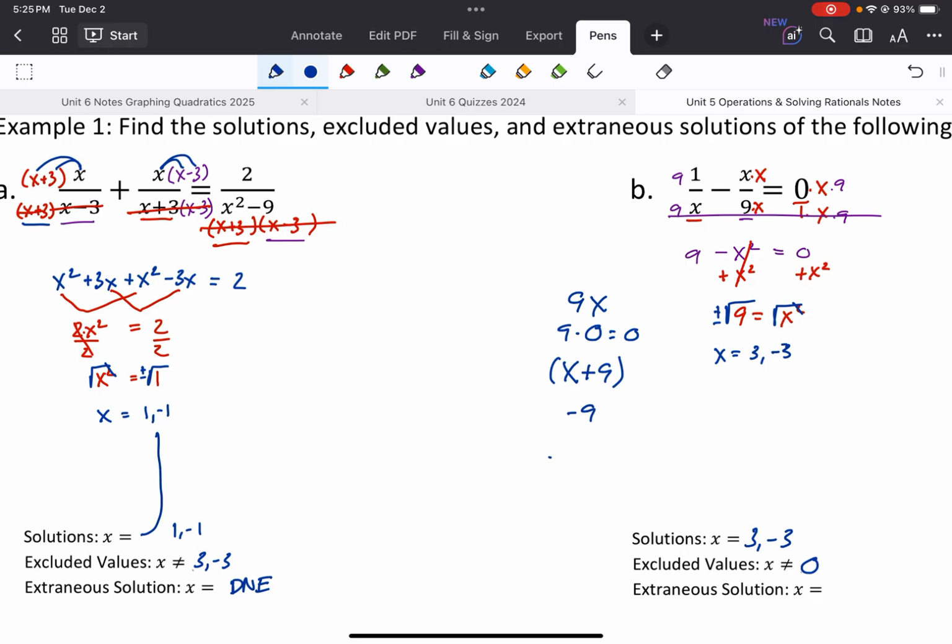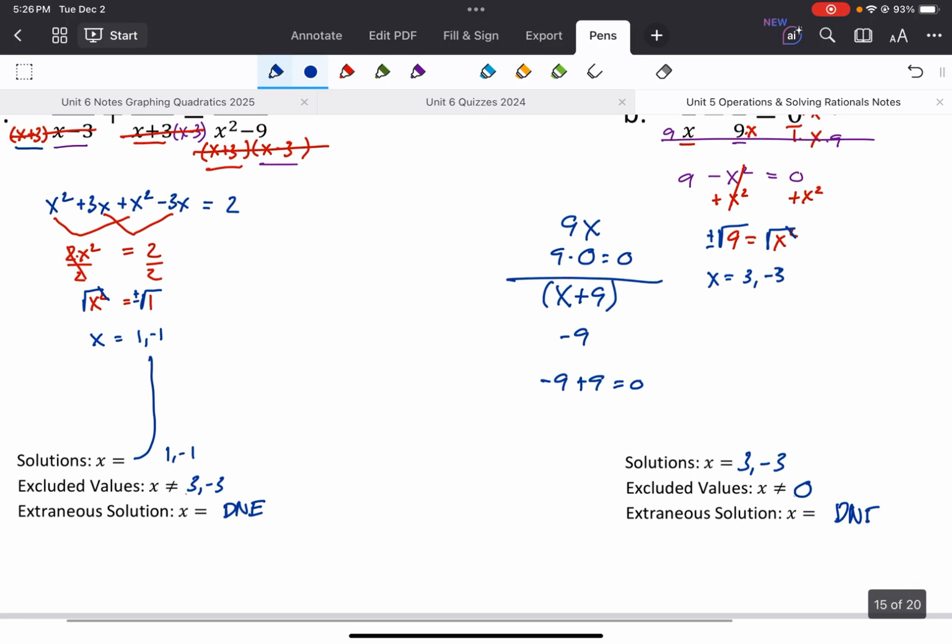For the other example, if we did -9 plus 9, that would give us 0. So think about the two different situations here, okay? An x by itself that's not in a parenthesis will always result in a 0, or an x being 0 would make the whole thing be 0, okay? So this also does not have an extraneous solution.